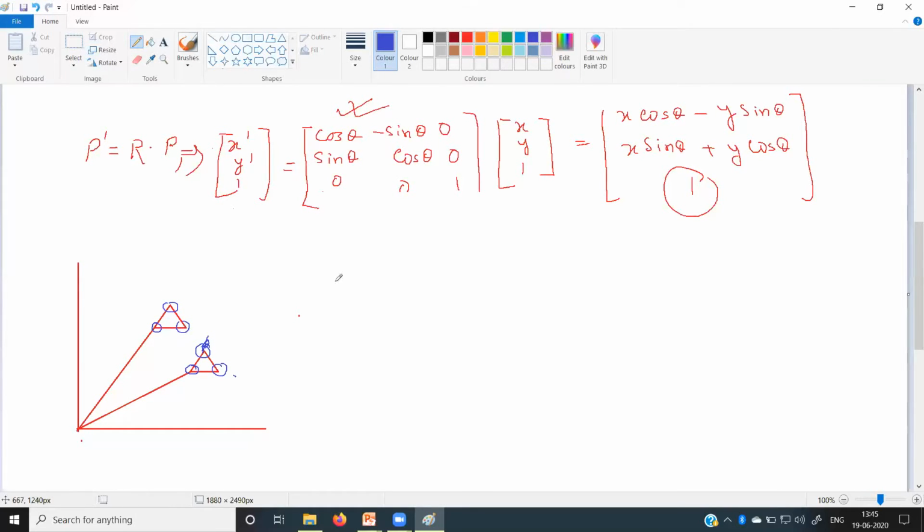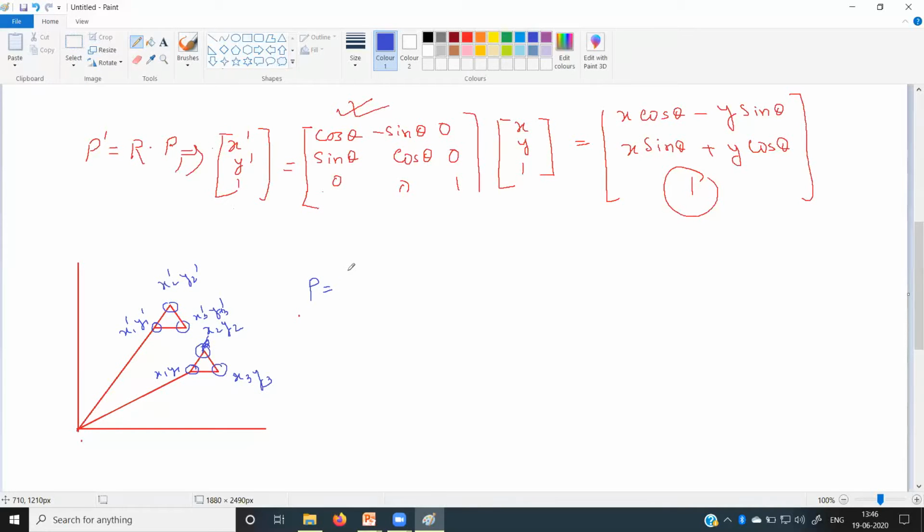So here, what is our P? So consider this is x1, y1, x2, y2, x3, y3. So we can write it x1, y1, x2, y2, and x3, y3. Similarly, the new coordinate position will be x1 dashed, y1 dashed, x2 dashed, y2 dashed, x3 dashed, and y3 dashed.